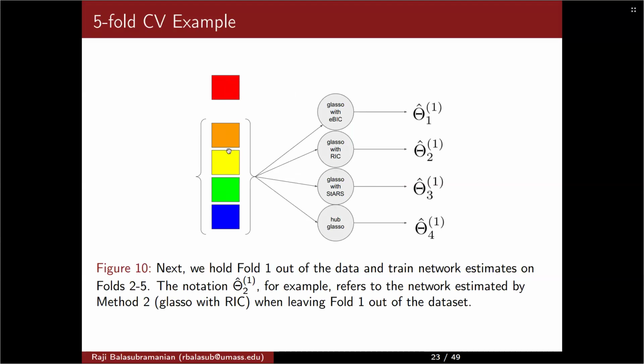From this 4/5, let's say we have in our library these 4 different methods that we want to combine together into our superlearner in some way. So we take our 4/5 of our data, and then we apply each of our methods one at a time. With each of these methods, we get an estimate of the underlying thetas, which is theta 1 hat, theta 2 hat, theta 3 hat, and theta 4 hat.